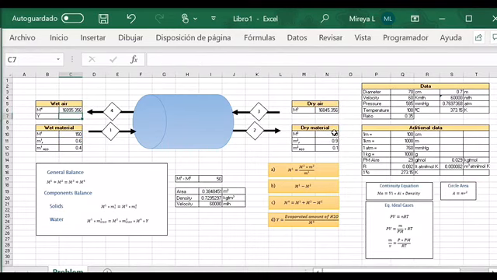And finally, we can calculate the humidity in air of the outlet in the dryer with the last equation that we have here, using the evaporated water that we already calculated and the mass in the wet air current. And this is how we calculate our problem.